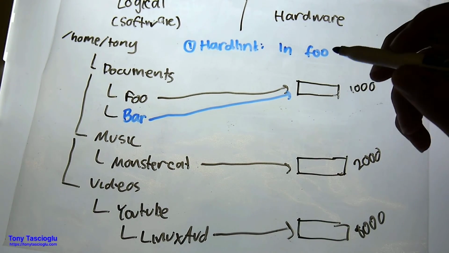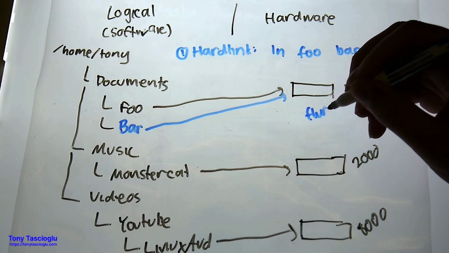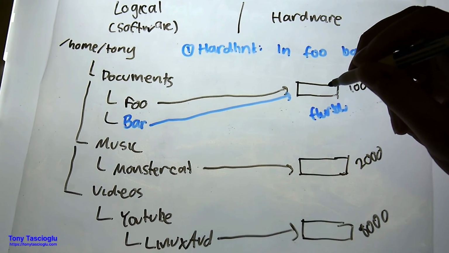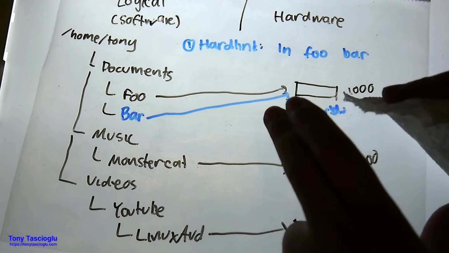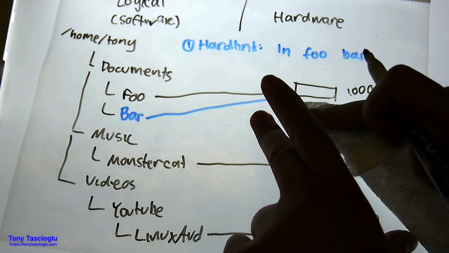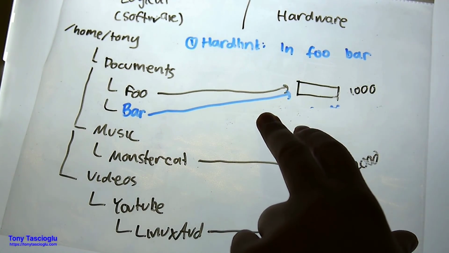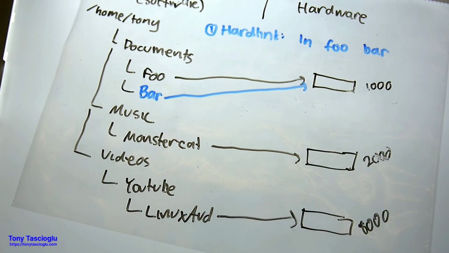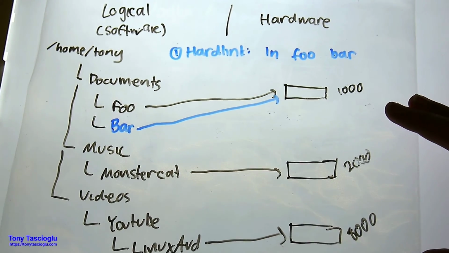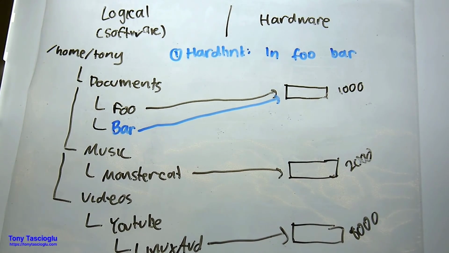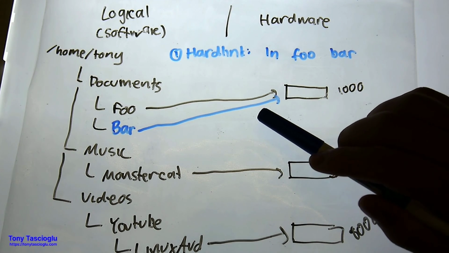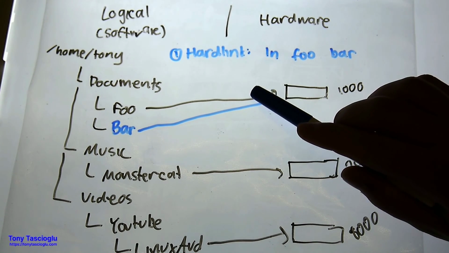Will foo say hello world? No, it'll say flurble because this file has essentially overwritten what's in this block with the word flurble. So it's no longer hello world, it's now this new word. So when you go to open foo, it'll be the same thing. Now, I think you can see why hard links can be slightly risky. If you hard link these files and I update this file, this one also changes.